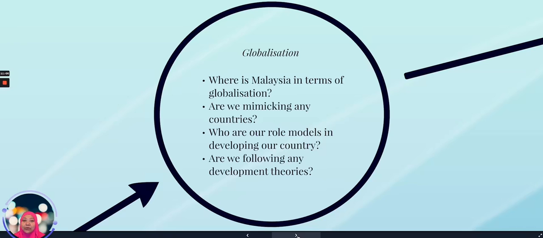What are our role models in developing our country? Remember, we are still a developing nation. And last but not least, are we following any development theories that we have talked about in terms of the dimensions of development theories and in terms of the trends of the development theories?